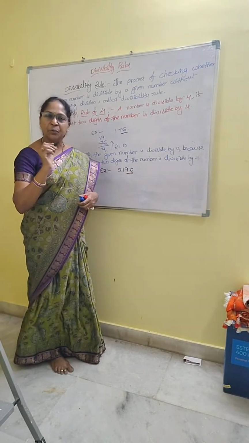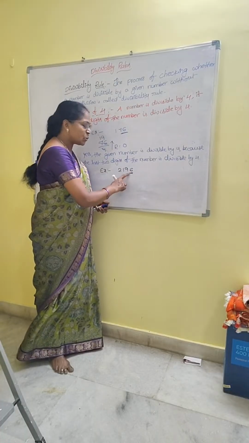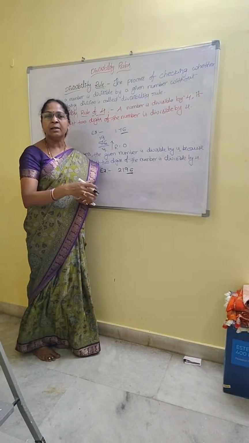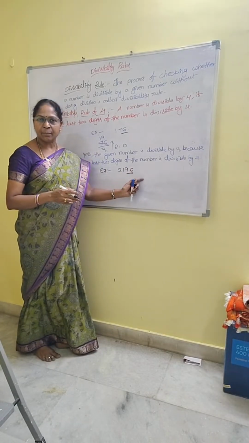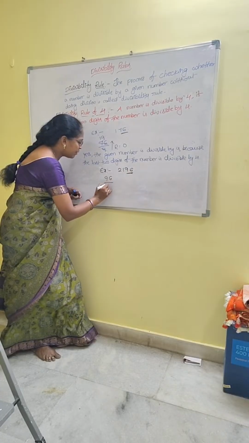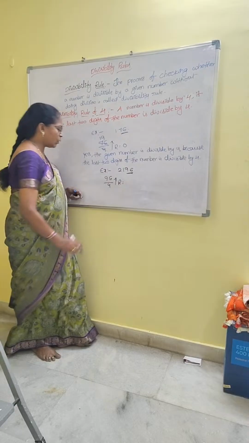Consider the last 2 digits of the given number. What are the last 2 digits? 96. The number formed by the last 2 digits is 96. Divide this 96 by 4 and check the remainder.